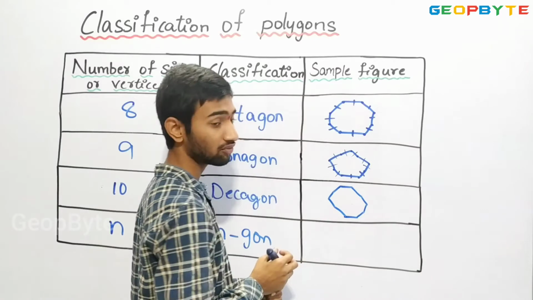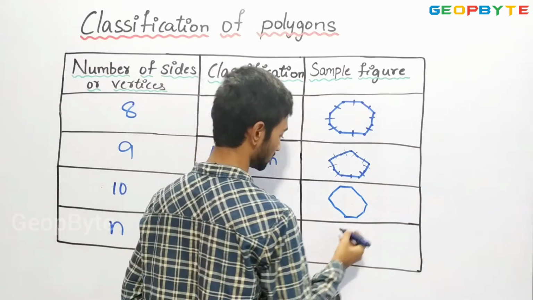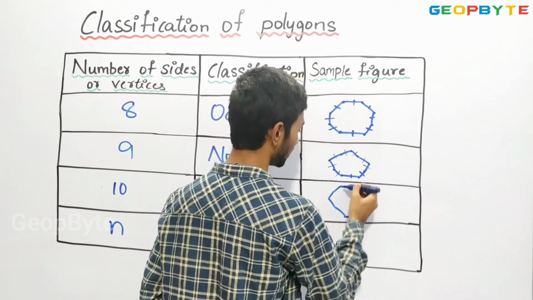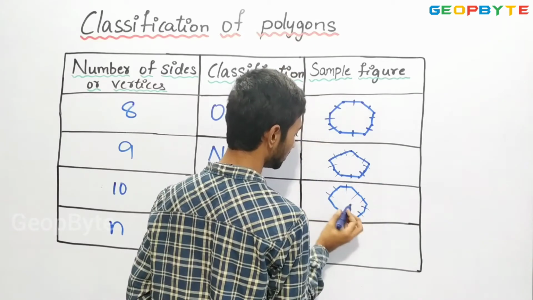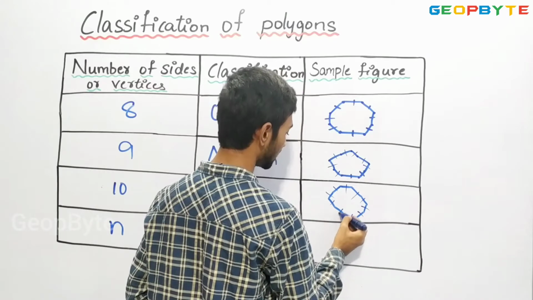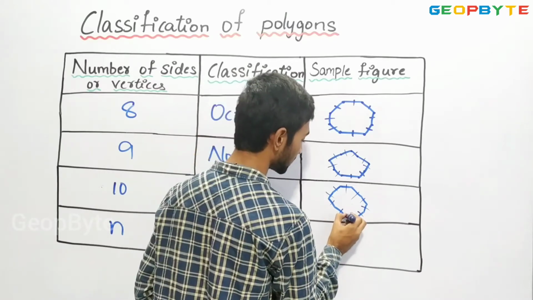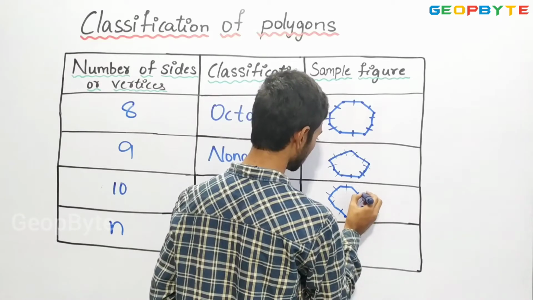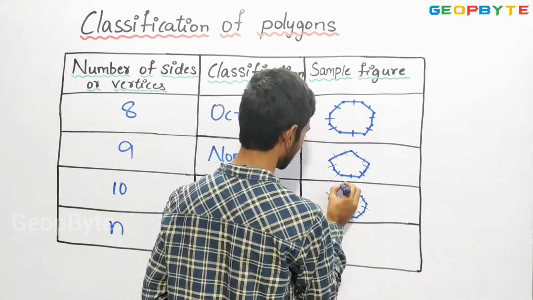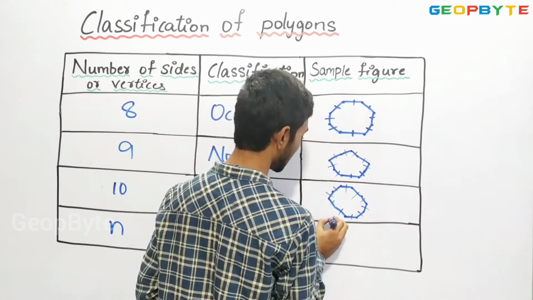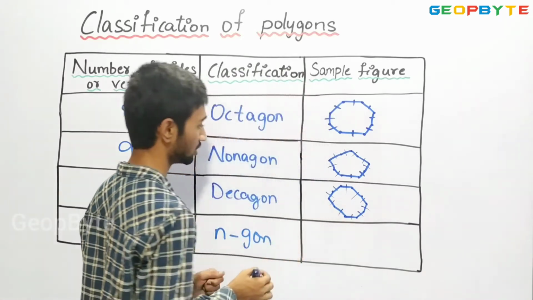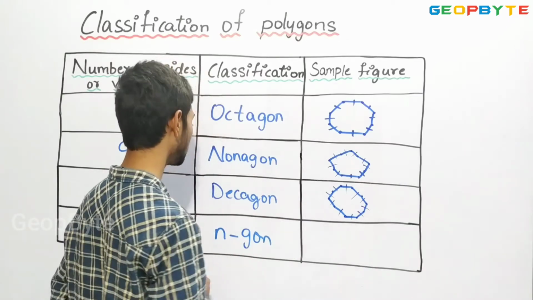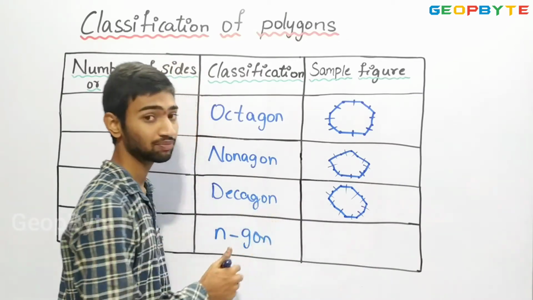In this figure we have 10 sides and 10 vertices. 1, 2, 3, 4, 5, 6, 7, 8, 9 and 10. So the sample figure consists of 10 vertices and 10 sides. Therefore it is known as a decagon.